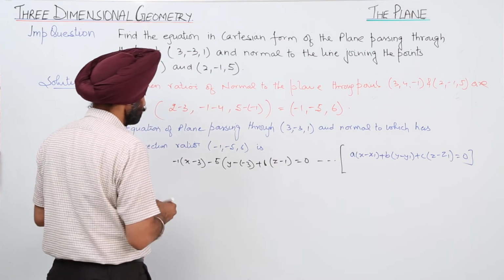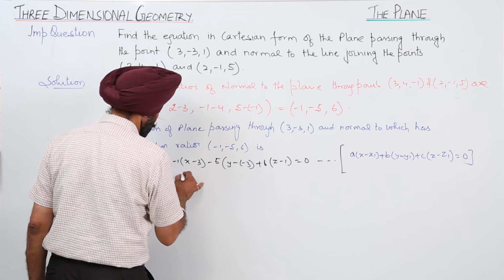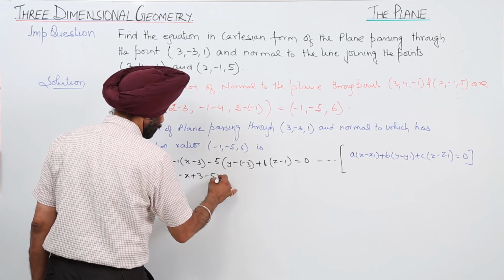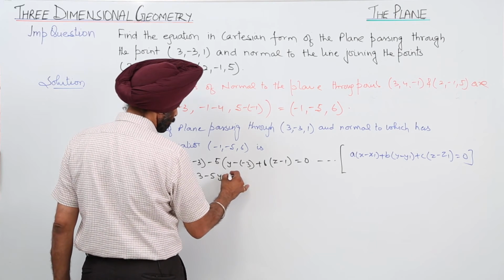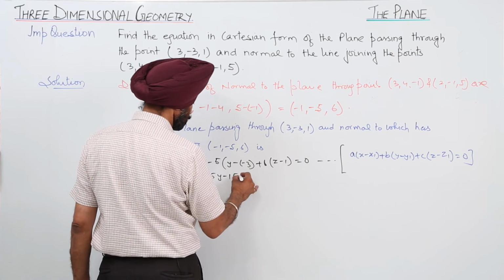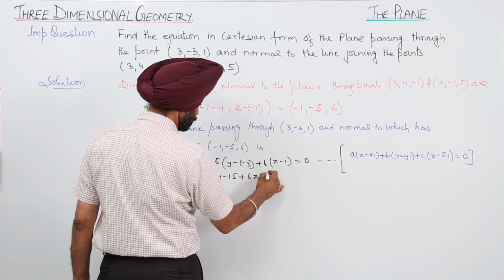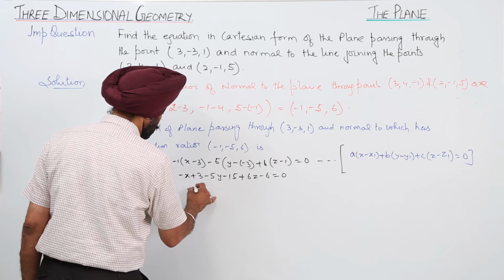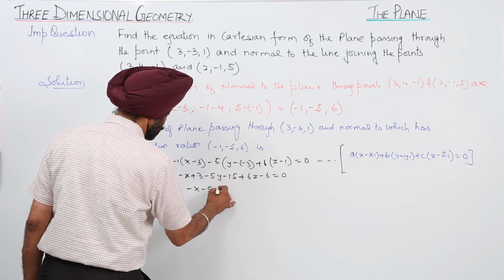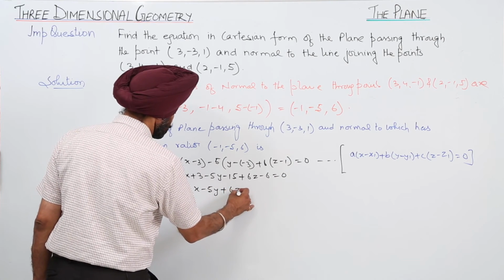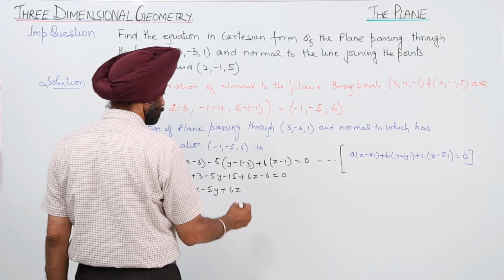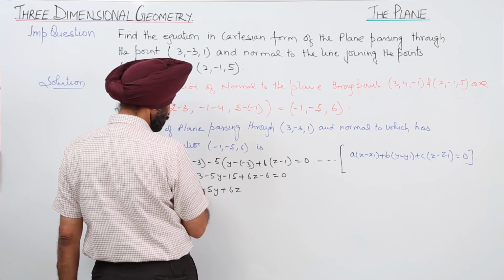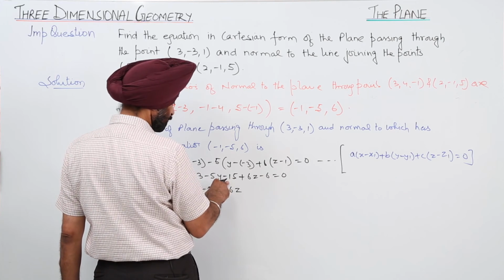Now, this becomes minus x plus 3 minus 5y minus 15 plus 6z minus 6 is equal to 0, or we are having minus x minus 5y plus 6z plus 3 minus 15 minus 6.